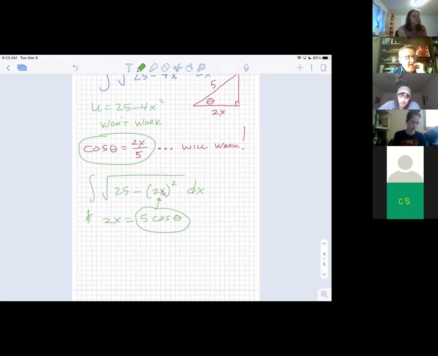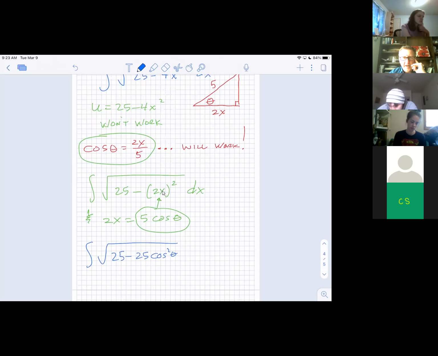The problem is we have the square root of junk minus junk, but watch what this accomplishes. Now we have the square root of 25 minus 5 cosine squared. That'd be 25 cosine squared. Do you see what's happening to that?